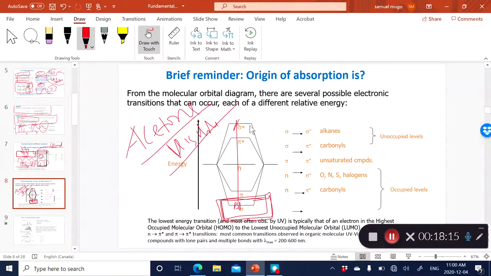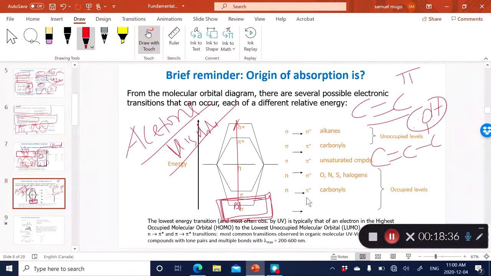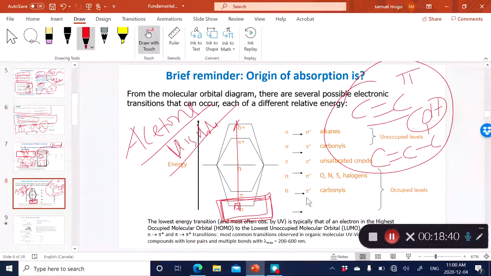It's not energetically favored. So you're going to see that compounds that are conjugated, that have a double bond, meaning they have a pi orbital, or that have a double bond and maybe a lone pair of electrons, such as on oxygen, would often be colored.